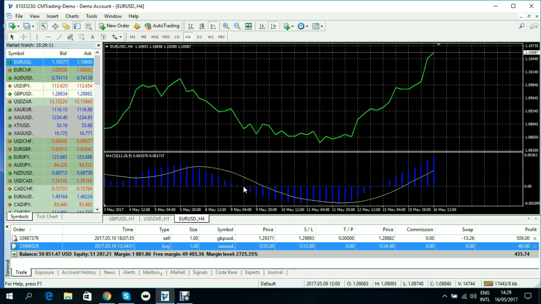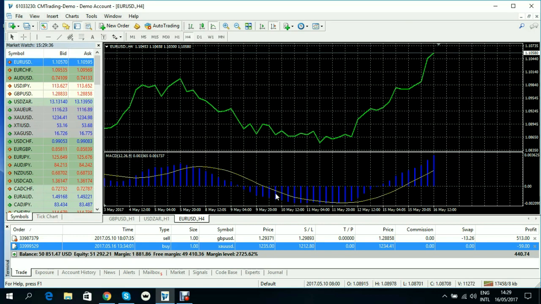So when these two conditions are met, that is the bars crossing the zero zone below and the signal crossing the zero zone below, then you can place your trade for a sell.